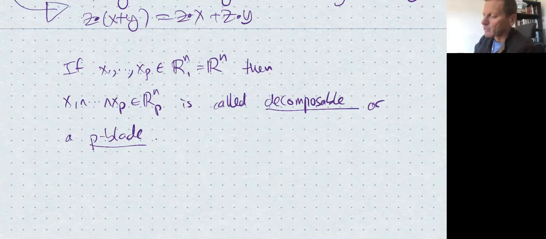But the dimension of the space is much, much larger: n choose p. So the vast majority of elements of this vector space are not of this particular form. But these are the elements which are important.